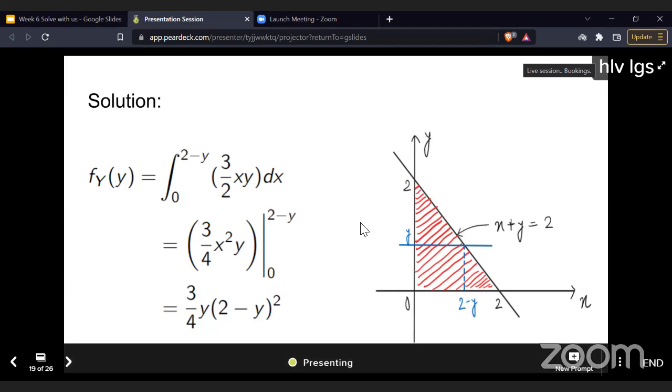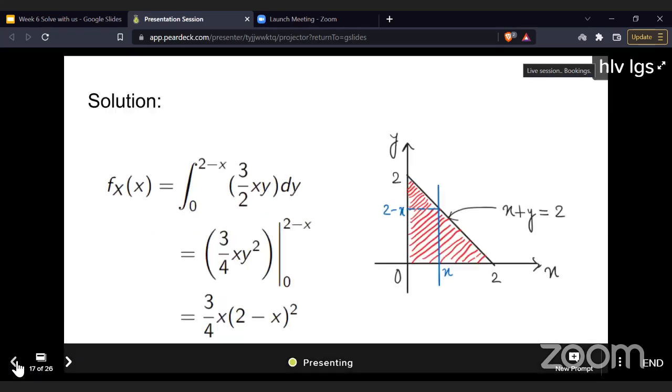No. Okay. So coming to the previous problem that we were just discussing, the sum of this f of x should come out to be 1. The marginal density of x is coming out to be 3 by 4 x (2 minus x) whole square, where x is between 0 and 2.